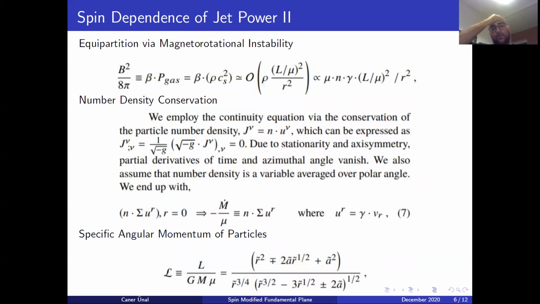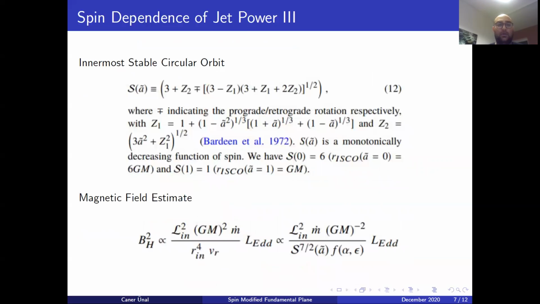We started with the magnetorotational instability relation, which connects the B field and the typical specific angular momentum of the particles. Then, using number density conservation and the specific angular momentum of the particles rotating around the black hole, we estimate the magnetic field in terms of the spin value of the black hole.